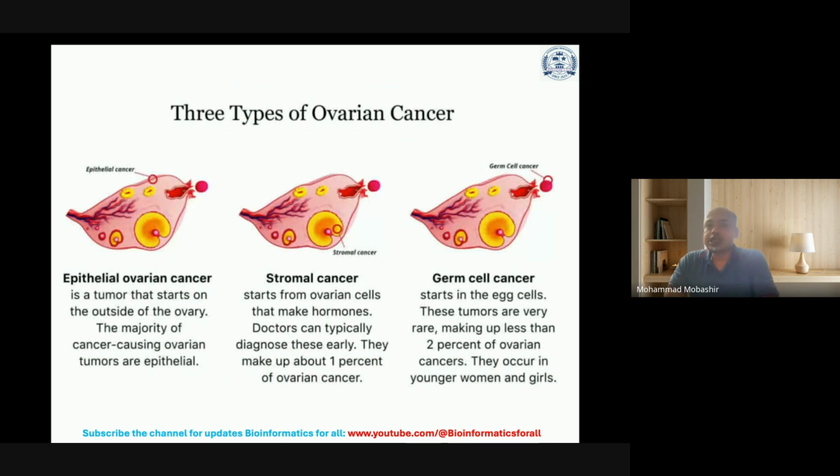These three types of ovarian cancer you can see here: epithelial cell, then stromal cell, then germ cell cancer. These are the three most common types of ovarian cancer, based on subtypes of these cells.